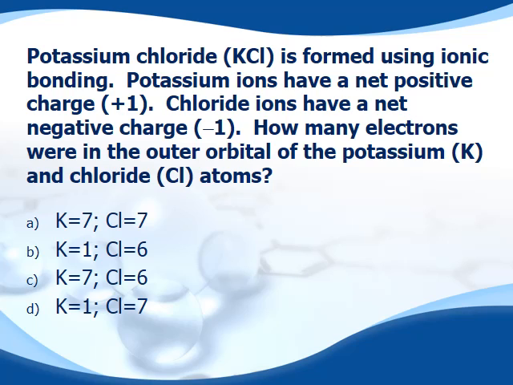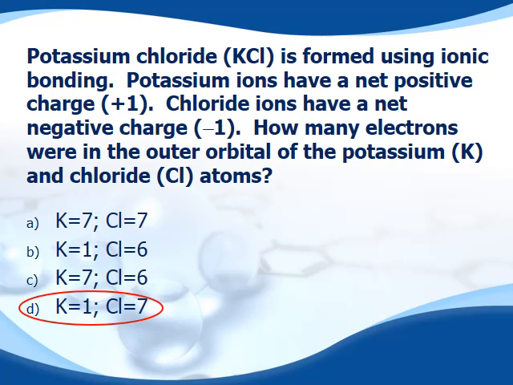The correct answer is D, 7. A negatively charged ion has one more electron than protons. So remember, we're looking at the chloride ion. It originally had 7 electrons in its outer orbital shell, and now it has 8, filling that outer orbital.